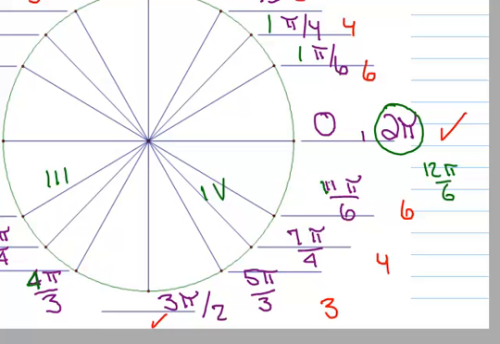And look here, 11 is 1 less than 12. And if I think of it in fourths, that would be 8 pi over 4. And look here, 7 is 1 less than 8. Likewise, if it's in thirds, that would be 6 pi over 3, and 5 is 1 less than 6.